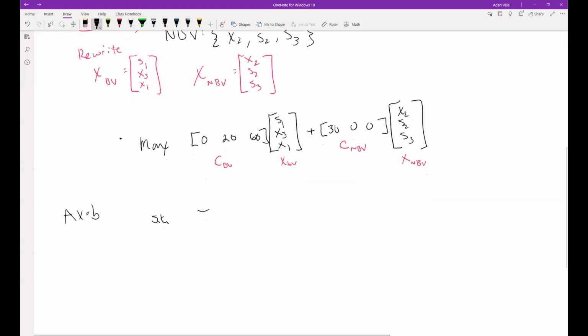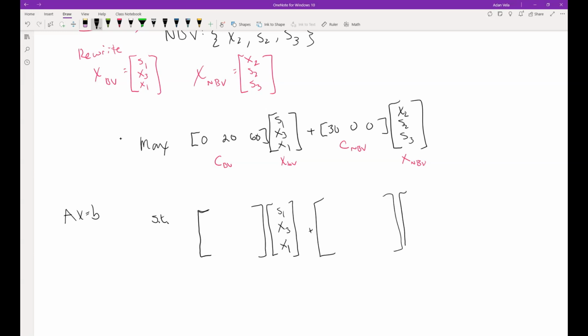But we're going to split this up into two parts for the constraint equations. It's still going to be the XBV, plus some equations related to the non-basic variables.